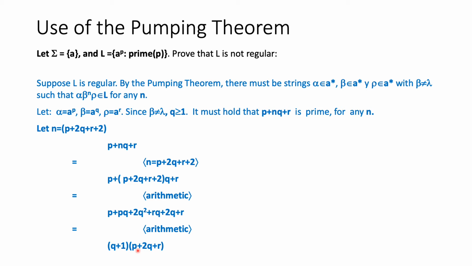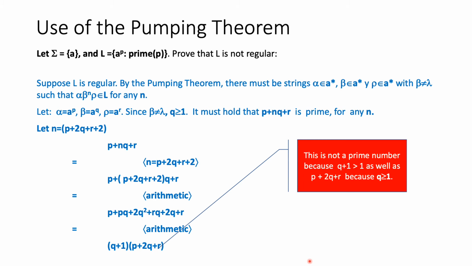This number is greater than or equal to 2. This means that this number, using n equals p plus 2q plus r plus 2, is not prime. It's composite because it is the product of two numbers that are greater than or equal to 2. This is not a prime number because q plus 1 is greater than 1. That means it's greater than or equal to 2.